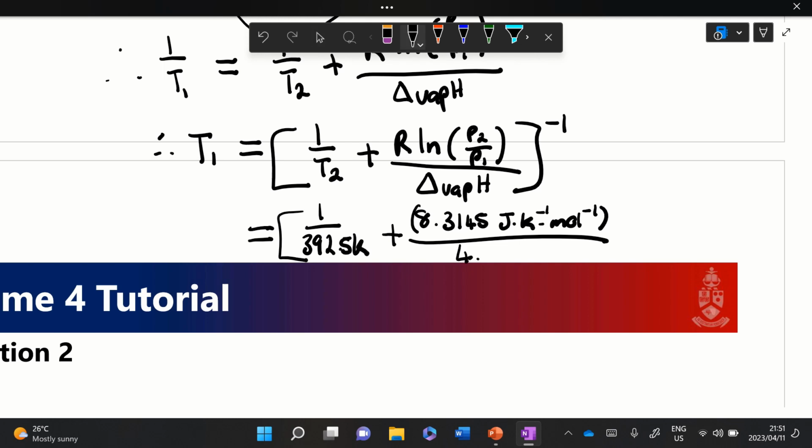So we use the value times 10 to the power 3 joule per mole, of course, and then this is times ln of, so now P2 needs to be 5.3 kilopascal, right?